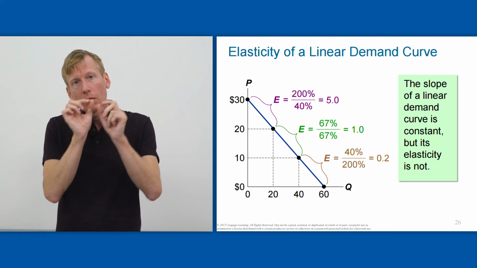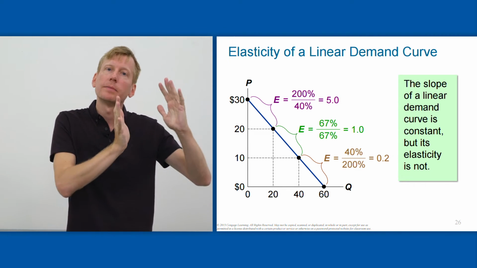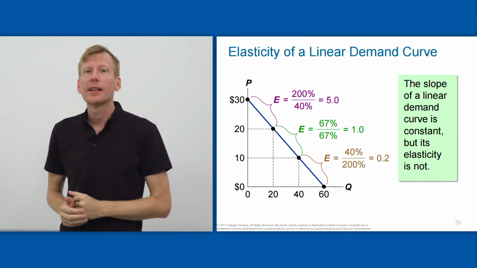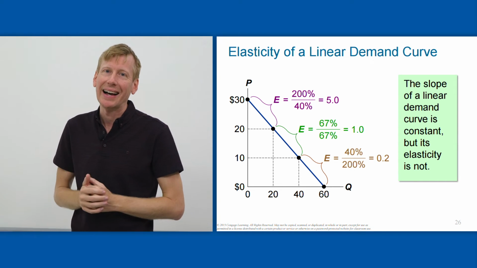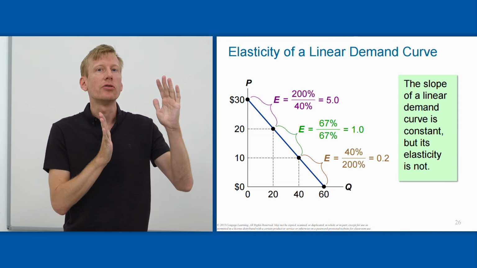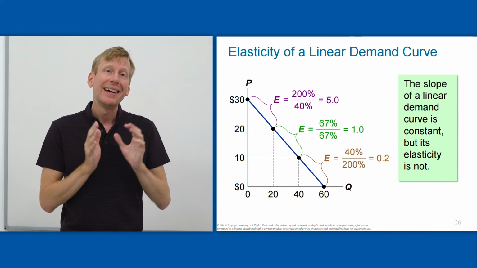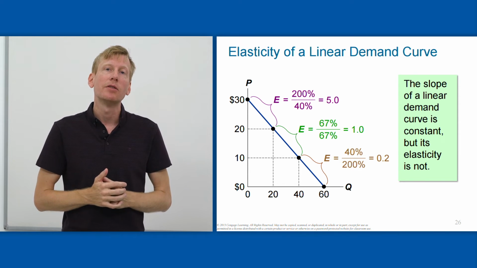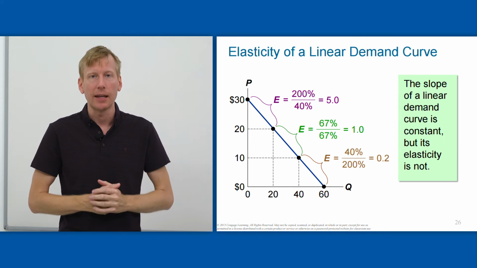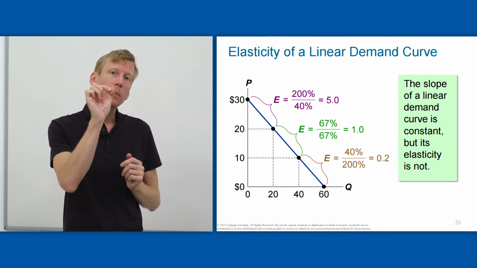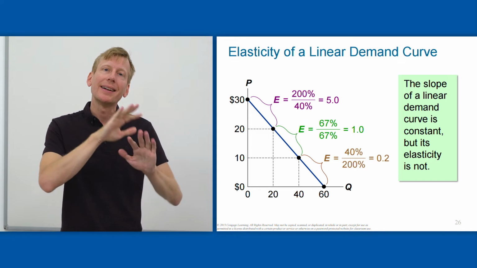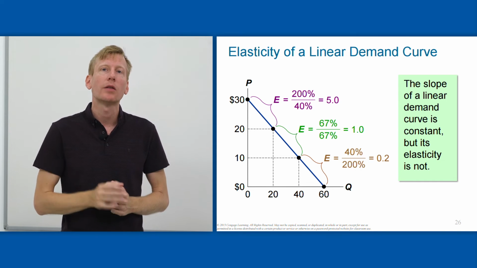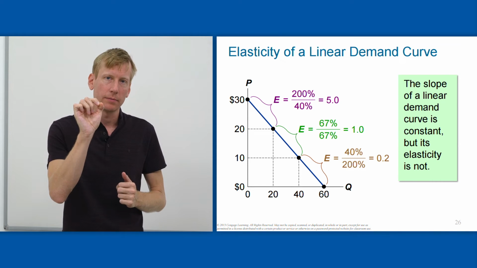Now, for points on the upper part of that demand curve, that's points where the quantity demanded is low and the price is relatively high, for that range of points on the demand curve, the own price elasticity of demand is relatively high. There's one point in the middle where the own price elasticity of demand on any straight line demand curve will be exactly 1.